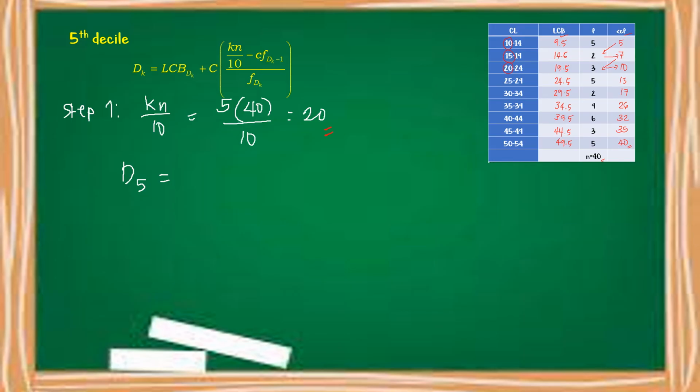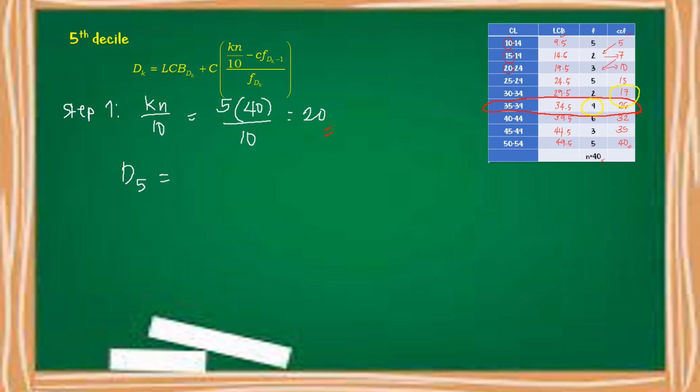Where is the 20th? In this case, there's no exact cumulative frequency of 20, so we need to get the next one. And we need to find the previous cumulative frequency and the frequency.